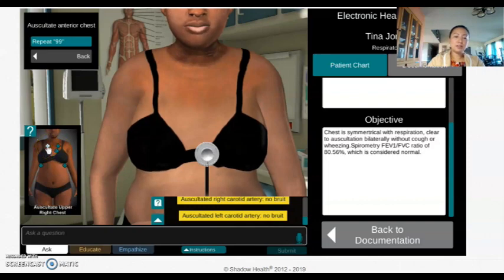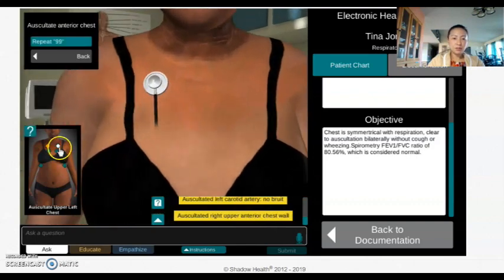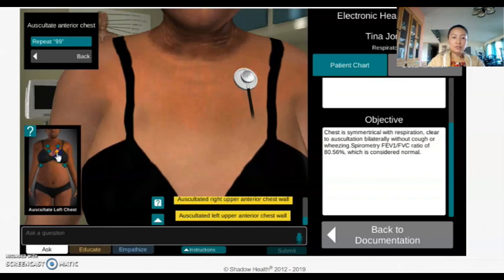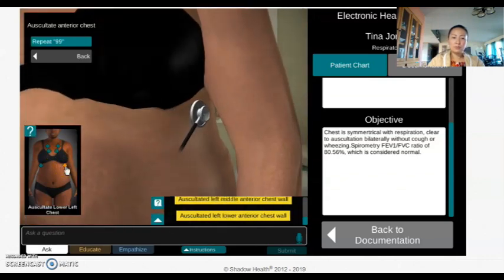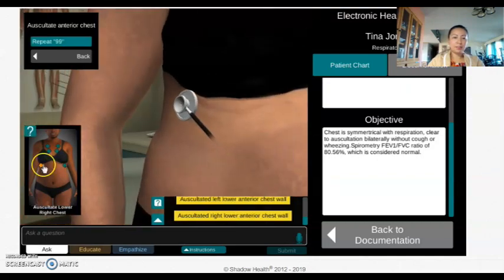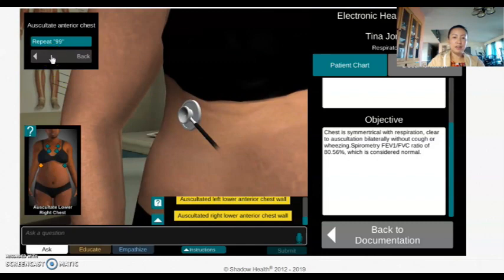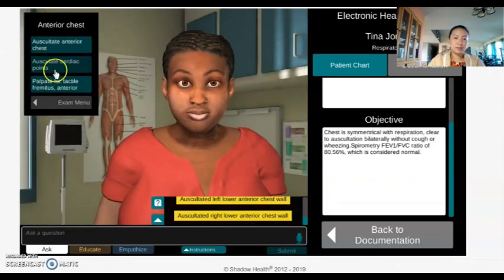I'm going to start on the right upper chest, going to the left upper chest, to the mid-level chest, as well as the lower chest. There you go. Okay, and as of this moment, I don't hear any adventitious sounds.